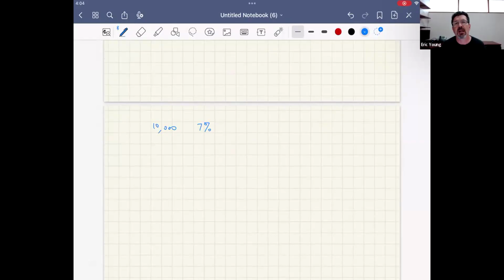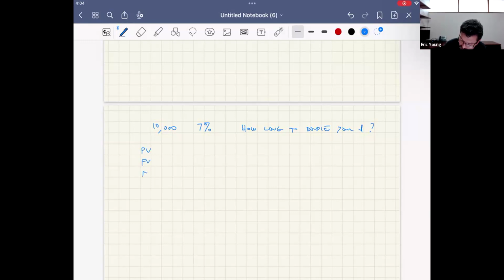How long will it take you to double your money? Interesting. In the first problem, we just wanted to know what it was going to grow to. Now we want to know how long it'll take to double the money. Sounds confusing, but it's solvable.